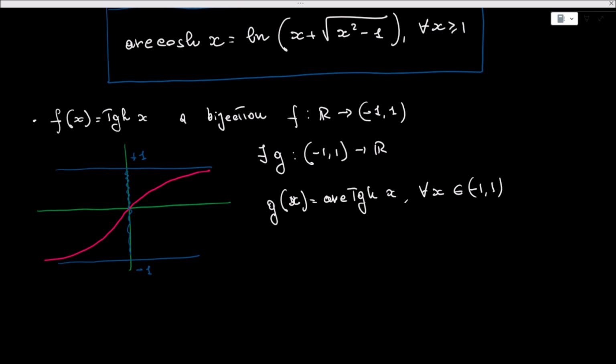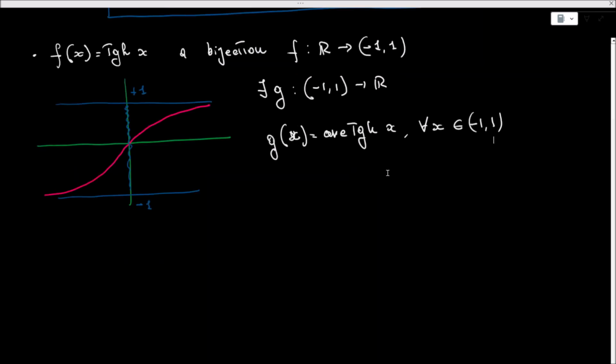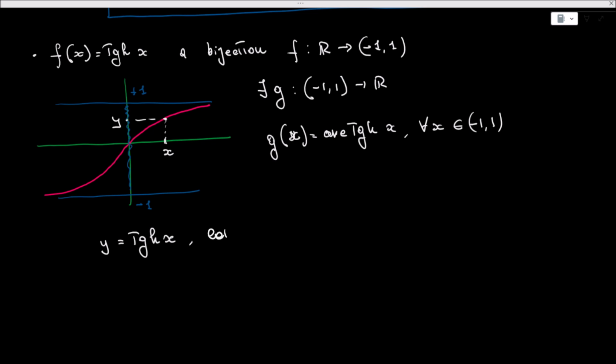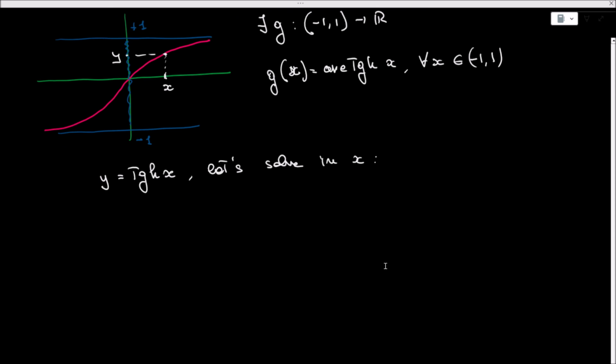And let's follow the usual procedure now. So we say once again that if we have this x and this is y, y is equal to the hyperbolic tangent of x, okay? And we need to solve in x, and we'll go very fast now because we know the process already.